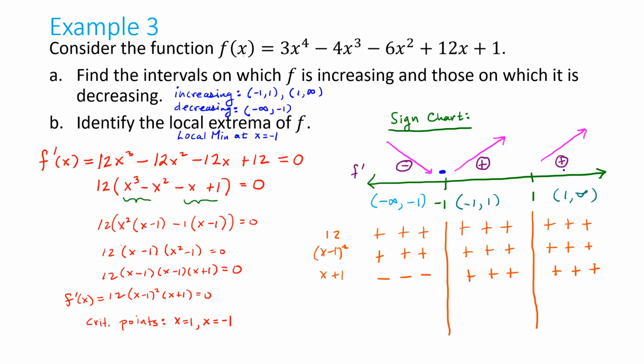It just keeps going up, right? So it kind of levels out for a moment, but then it keeps increasing. So we actually have no local maximum. So you see actually a lot of information that we can extract from this first derivative test.